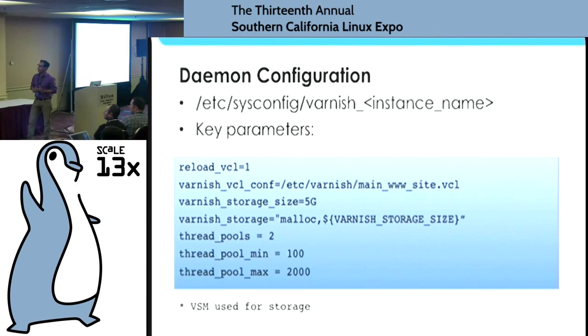There are some specific things that I call out here, and this is not the entirety of the config file. Things like reload capability being enabled, where the VCL is, and I'll go into that later, which is the configuration file for how to interpret requests coming in. The Varnish storage size, so how much cache store to keep. The method to use to store that, whether it be memory or disk. Thread pools, pool minimums, and pool maximums.